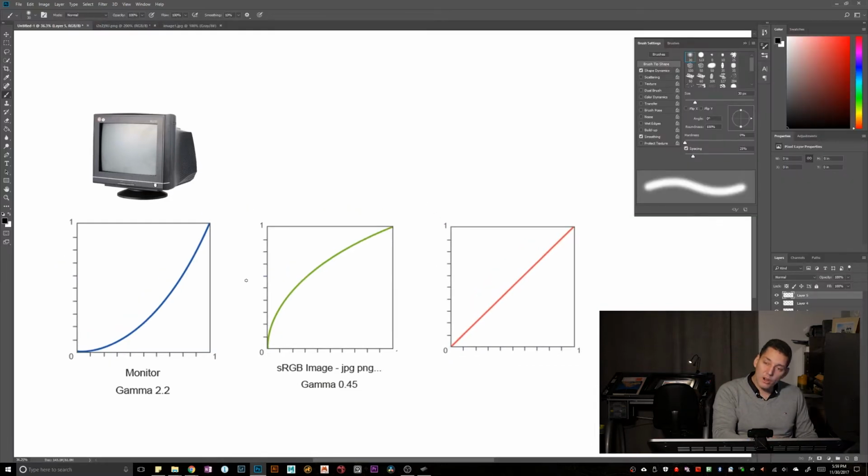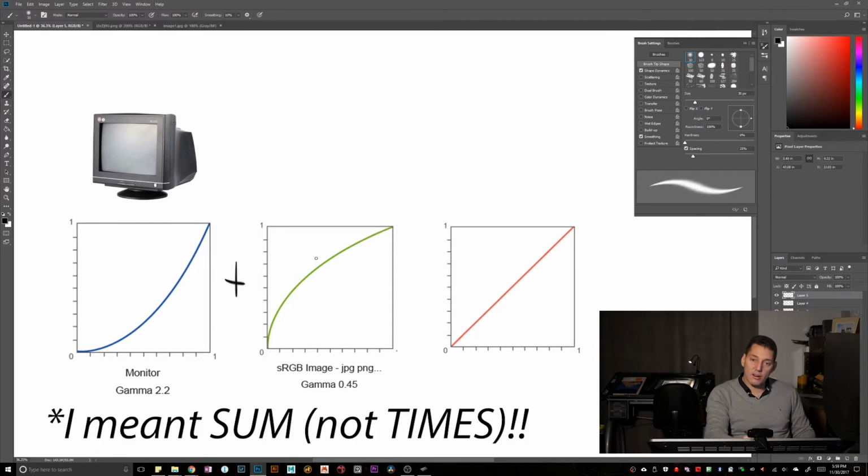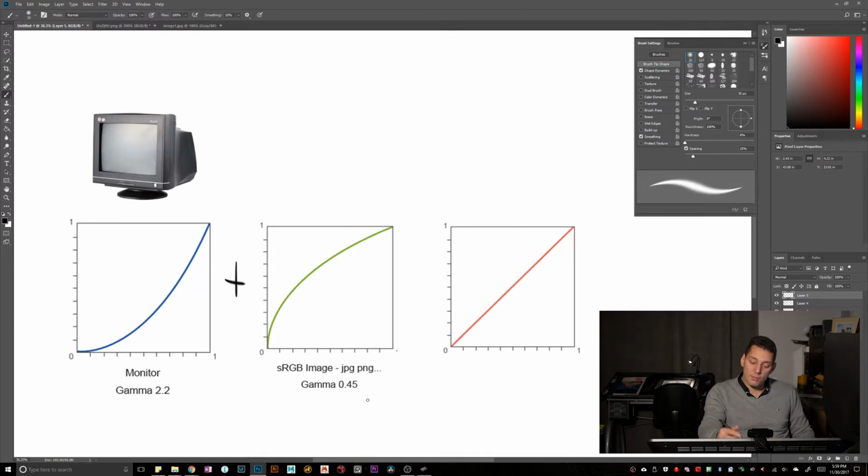And have the monitor defect curve, which is this one, and we multiply it with another curve that we define, which is our sRGB, in this case gamma 0.5. We are getting there in 1 minute, and this will give us the linear image displayed on the screen that our eyes can then interpret and understand.